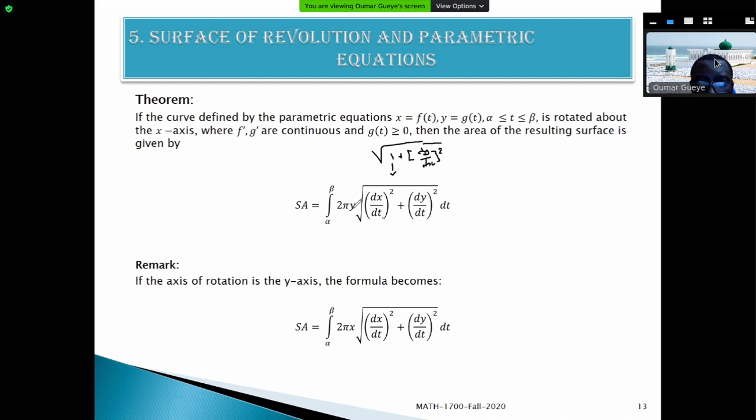And when it comes time to do the calculation, you have to replace y by its equation.